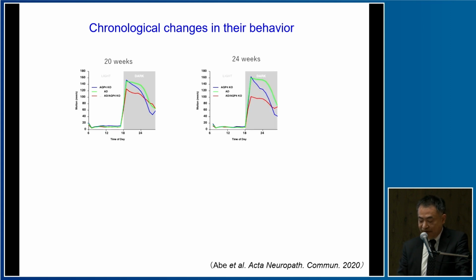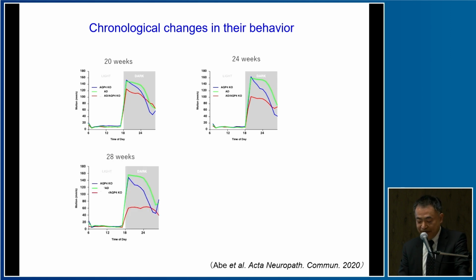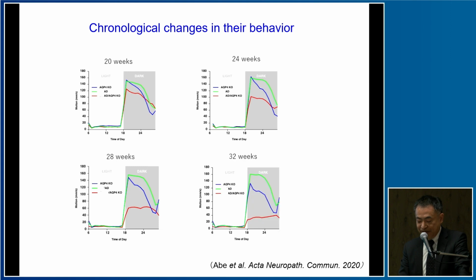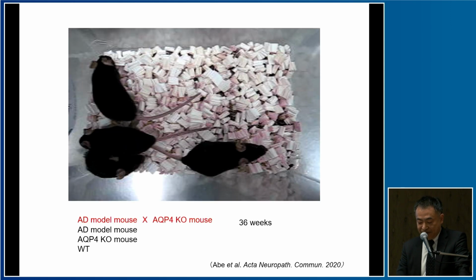Four weeks later, at 24 weeks, you can see a progressive decrease of the behavior in this combined model. At 28 weeks and 32 weeks, progressively, these combined mice cannot move so much. And further 4 weeks later, at 36 weeks, I can show you the movie.